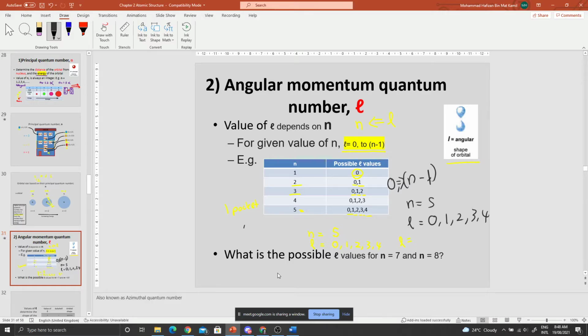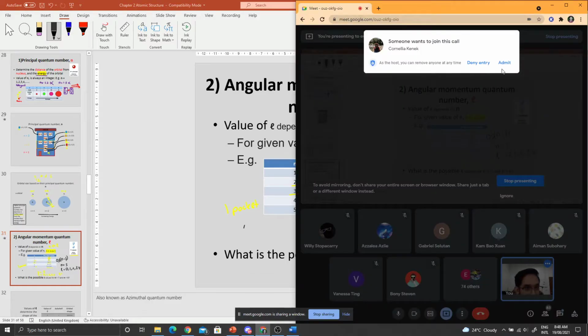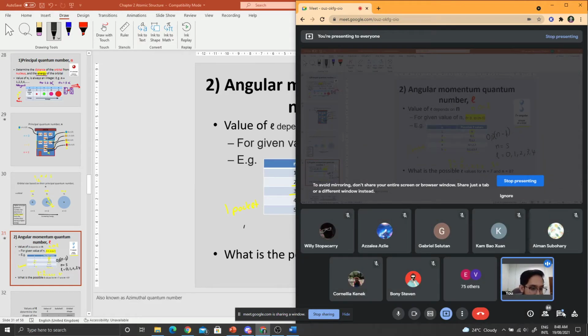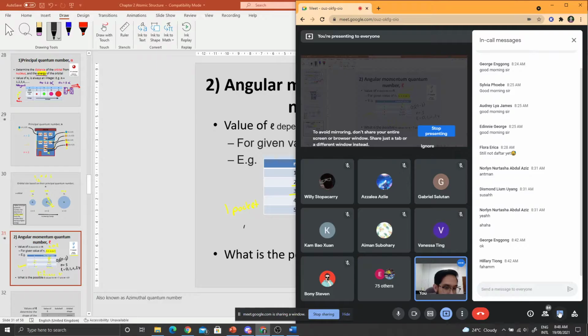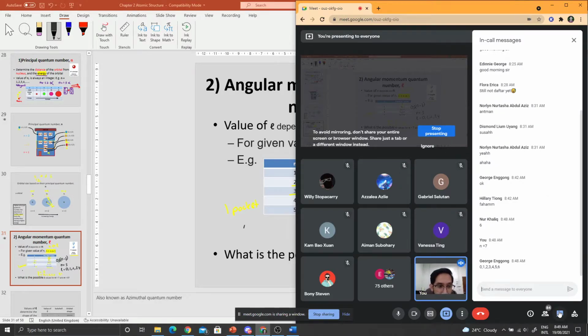Okay, kalau n equal to 7, L kita boleh possible sampai, kalau nak type dalam chat pun boleh. Kalau n kita equal to 7. Yes, it is sampai 6, tapi bukan 6 saja tau.